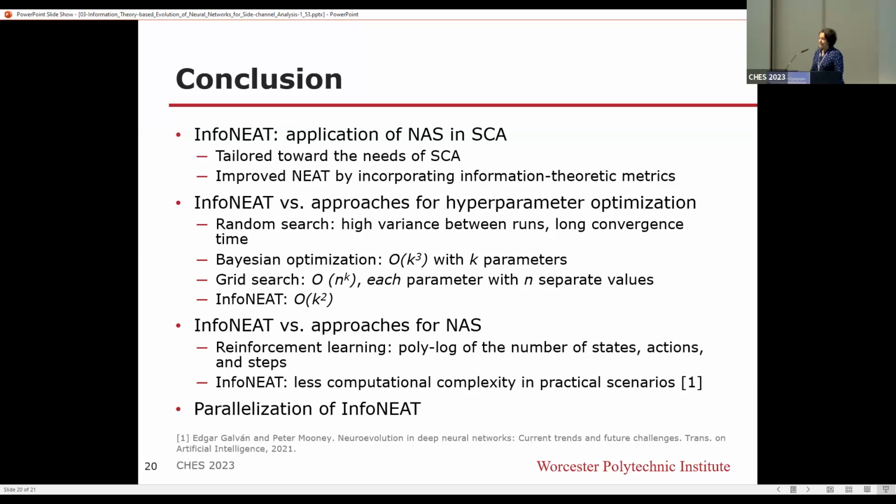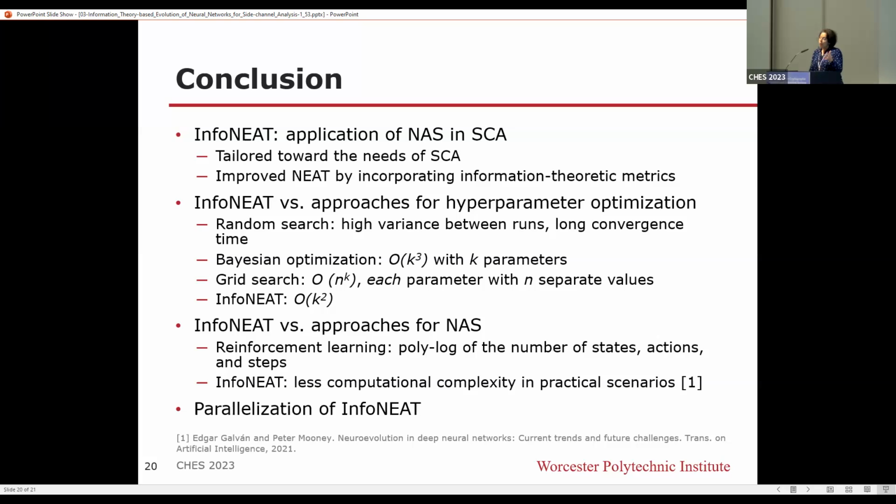Another aspect is that we have chosen the right loss function and output layer for the networks. Also, you can still let them be decided by the algorithm itself. So that is one specific aspect of applying InfoNet for side-channel analysis.